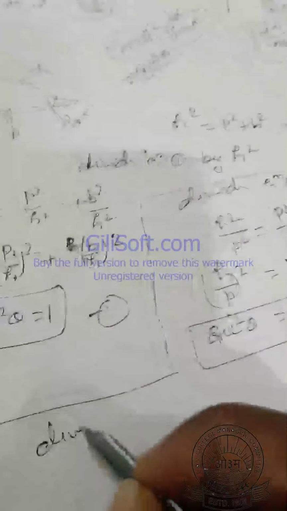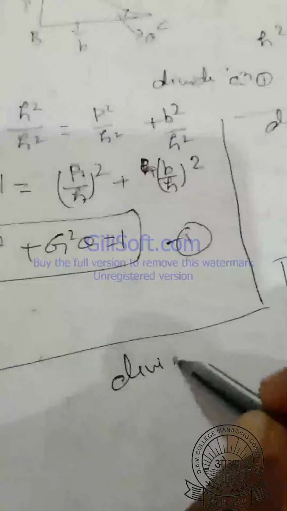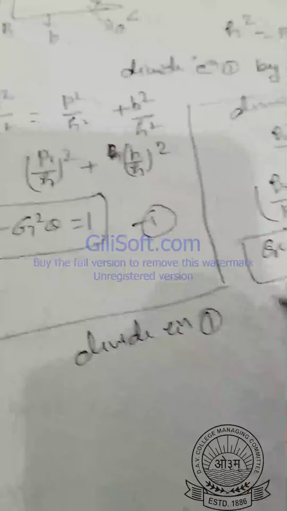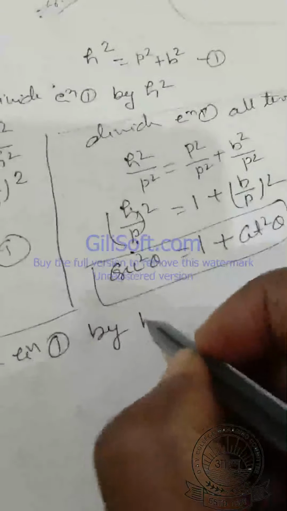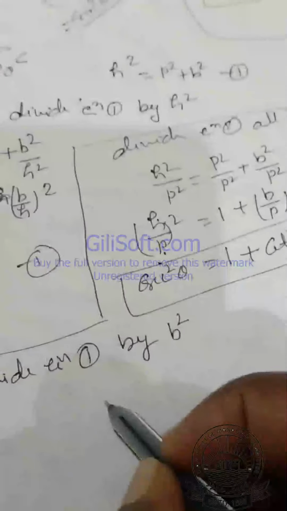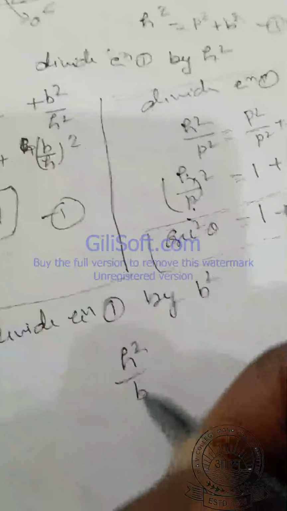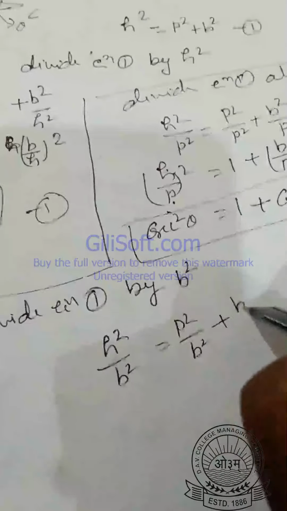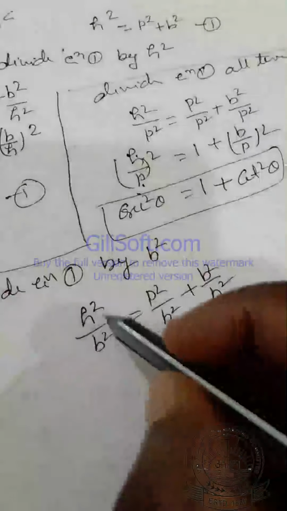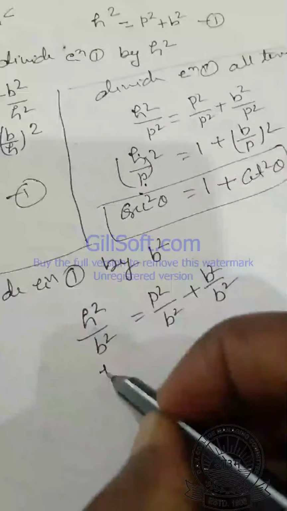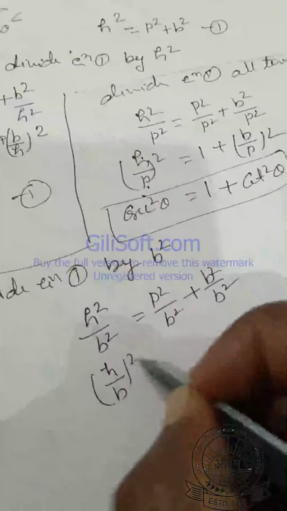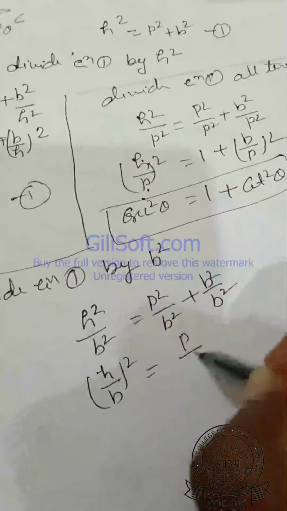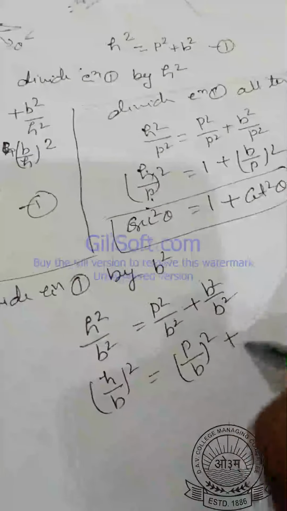Now for the third identity, I have already divided by h square and p square. Now divide equation 1 by b square, means base square, then we get h square by b square, p square by b square plus b square by b square, we know that b square by b square is 1. H by b whole square means hypotenuse by base whole square, and perpendicular by base whole square, and this is 1.